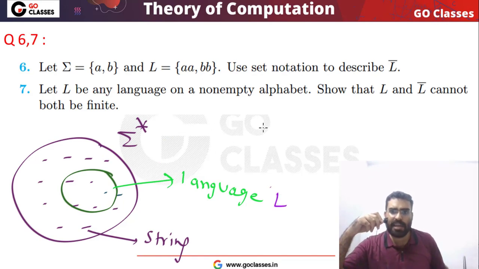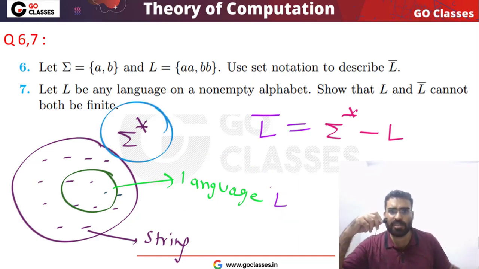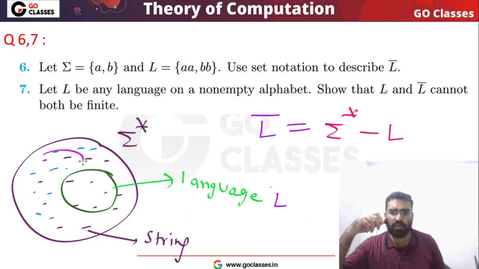For any language L, the complement will be all the strings which are in sigma star but not in L. Remember, for every language, sigma star works like a universal set, because every string is in sigma star and every language is a set of strings. So for every language, sigma star is a superset.